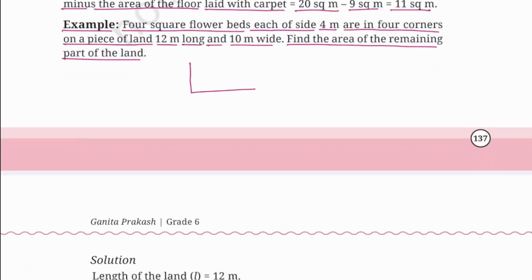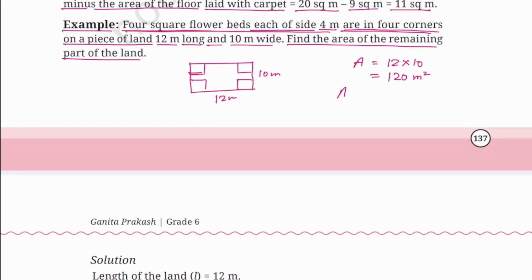Since the piece of land has dimensions 12 meter and 10 meter, its area will be 12 into 10, that is 120 square meter. Since 4 corners has 4 square beds of flower, it is said 4 square flower beds each of side 4 meter.